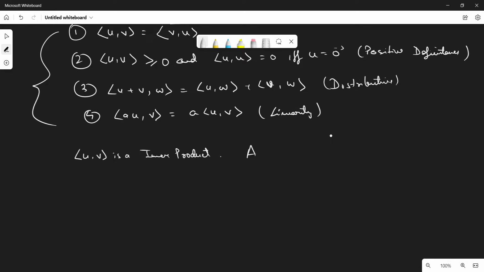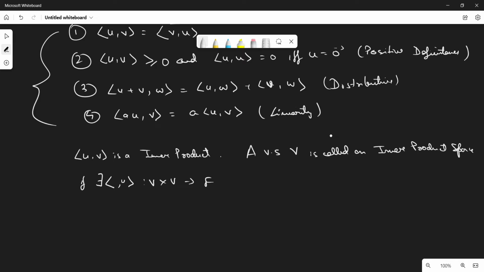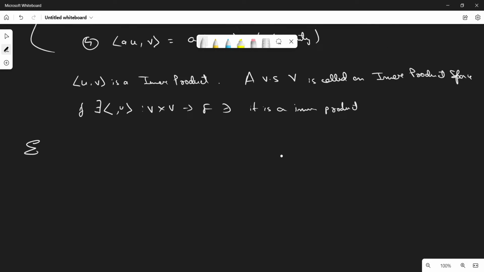And a vector space V is called an inner product space if there exists a function from V cross V to F such that it is an inner product. So in very simple words, a vector space is called inner product space if it has a defined inner product in its cross domain. Is it clear? Let us go by some simple examples, then it will be clearer to understand.